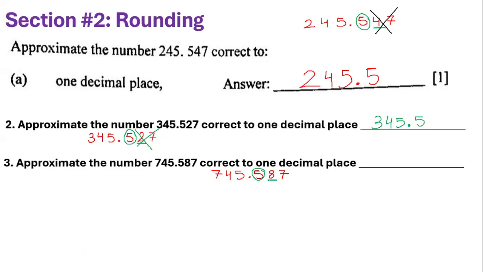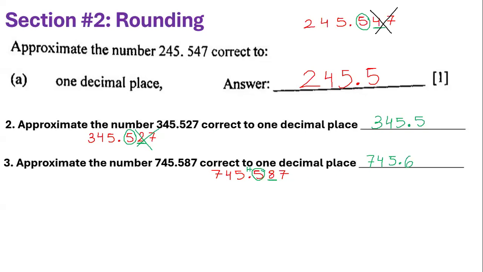Since 8 is greater than 5, we add 1. Since we add 1, it's going to be 745.6. Point 5 plus 1 is 0.6.